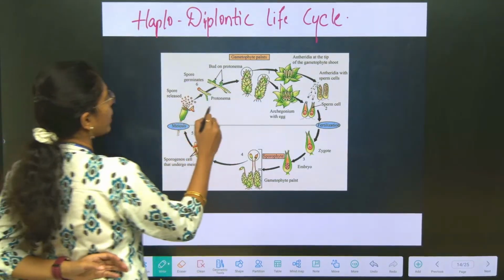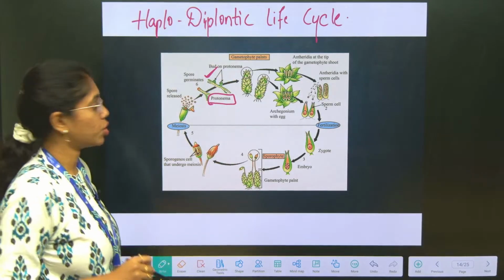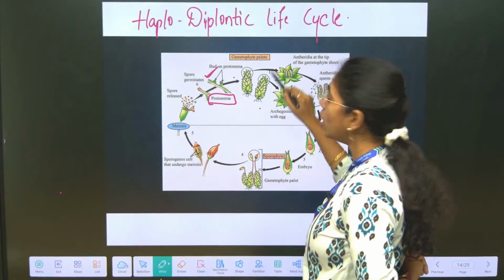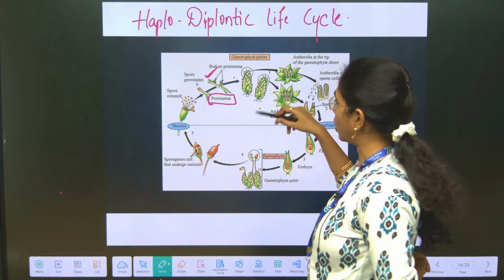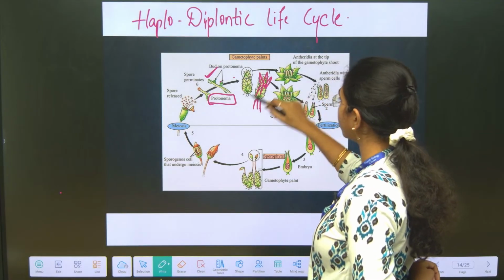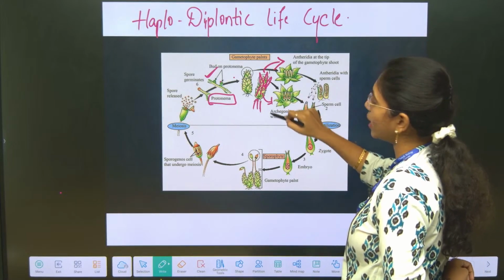The primary gametophytic structure is the protonema, which is green, creeping and branched. This protonema, through lateral branching, develops into the main gametophytic structure. This has an axis, rhizoids and leaf-like structures, and this has both male gametophyte and female gametophyte.